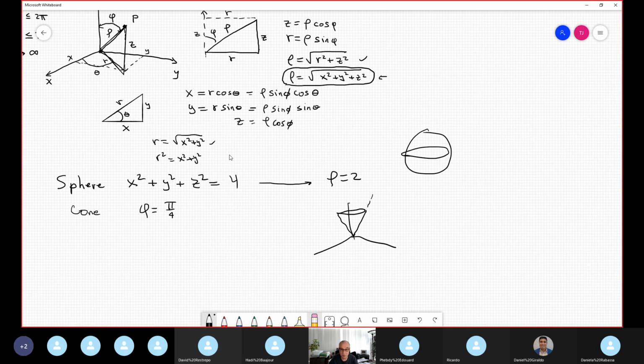Like that. This is one example, no? Another maybe, I don't know. This is phi equal pi over 4. So this equation, phi equal pi over 4, represents a cone. Well, and theta equal a constant, pi over 3, again, it's a plane. Okay, so plane, cone, sphere are the classical figures in spherical coordinates.